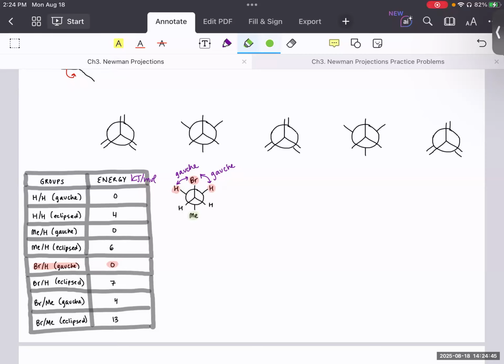We can also take a look at this methyl group. So methyl and hydrogens, if we look at the table here, we can also see that these are gauche, and based off the table, it's a contribution of 0. And then hydrogens in the gauche conformation, which are here, are also 0.